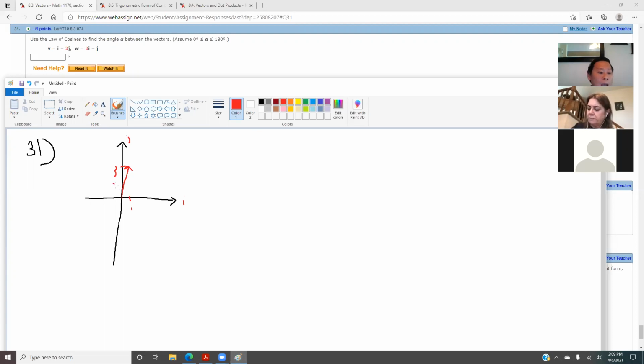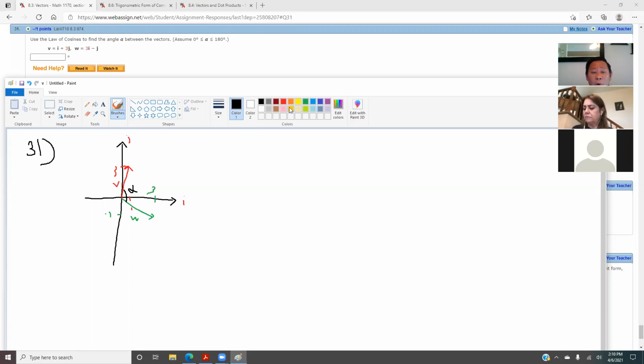Then vector w is 3 and negative 1. So 3 is here and negative 1 is here. This is vector w. They want you to figure out what this angle is. This is angle alpha. In order for us to do this, we just need to figure out a triangle.